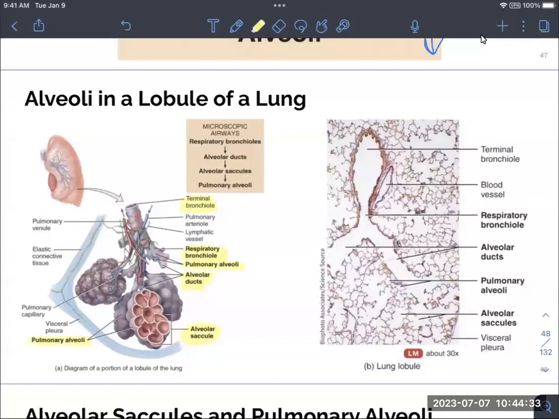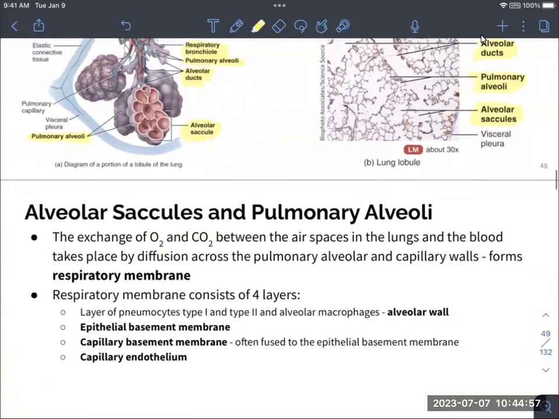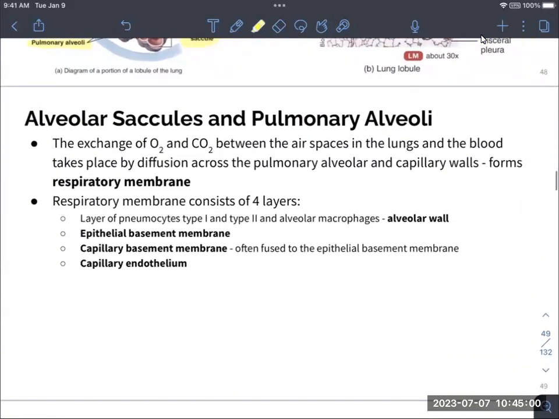So again, it just keeps getting smaller and smaller until we get to these pulmonary alveoli where most gas exchange occurs. Here we can see this respiratory bronchiole that goes to this alveolar duct. Then we can even see all these different pulmonary alveoli, even these alveolar saccules where all this gas exchange is occurring. These are mostly simple squamous epithelial cells because those are the easiest cells for particles to move through or gas to move between.